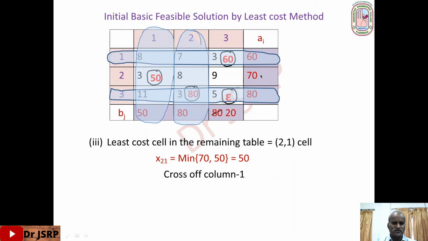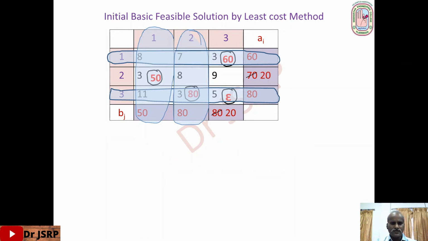Right. Observe second origin. At second origin, total available amount 70. Out of 70, 50 are transported. Remaining availability 70 minus 50, 20. Okay. Right. Now resulting table is only one cell. So remaining cell is only one cell, that is 2 3 cell. For the cell, corresponding available amount 20, corresponding required amount 20.